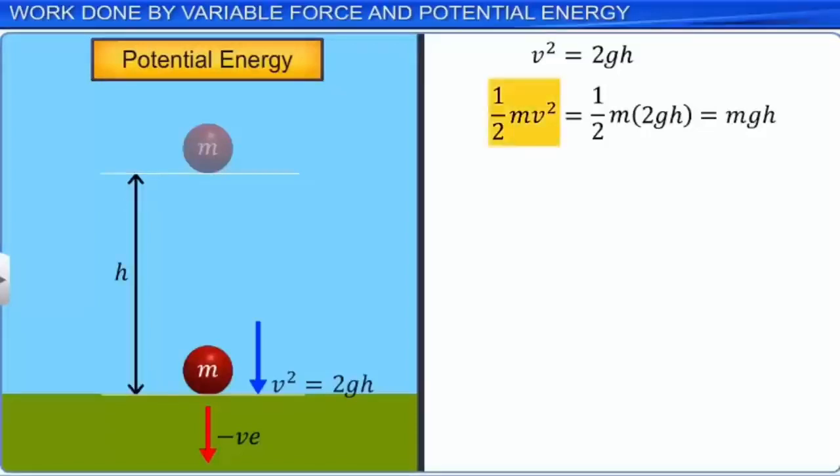The left side of the equation is the kinetic energy of the body on reaching the ground, and the expression on the right is the potential energy stored. Thus, this proves that the potential energy of the body is transformed into its kinetic energy when the ball is released. Hence, physically the concept of potential energy is applicable to the type of forces where work done against the force is stored in it.